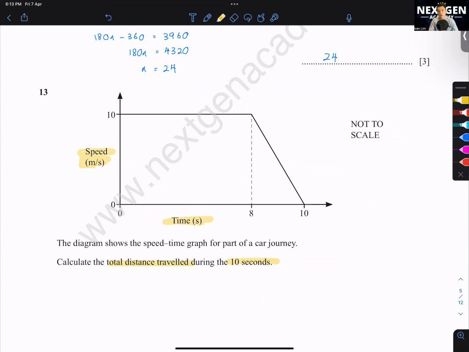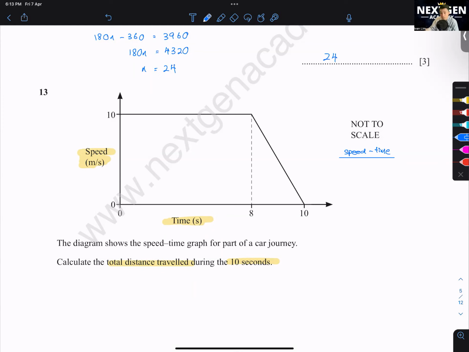Let's recall back. There are two main graphs that we learned for motion. First one, distance time. Second one, speed time. So for speed time, what can we find? There are two things.